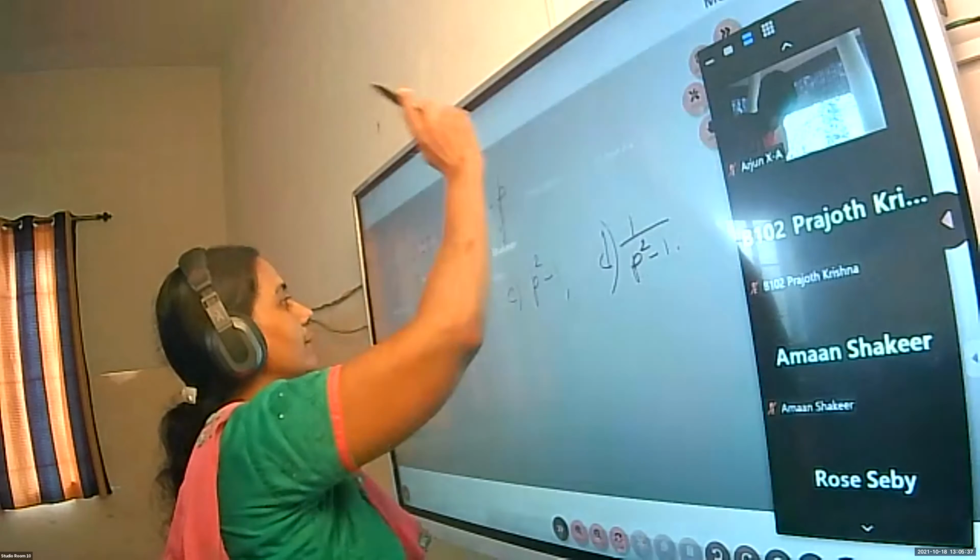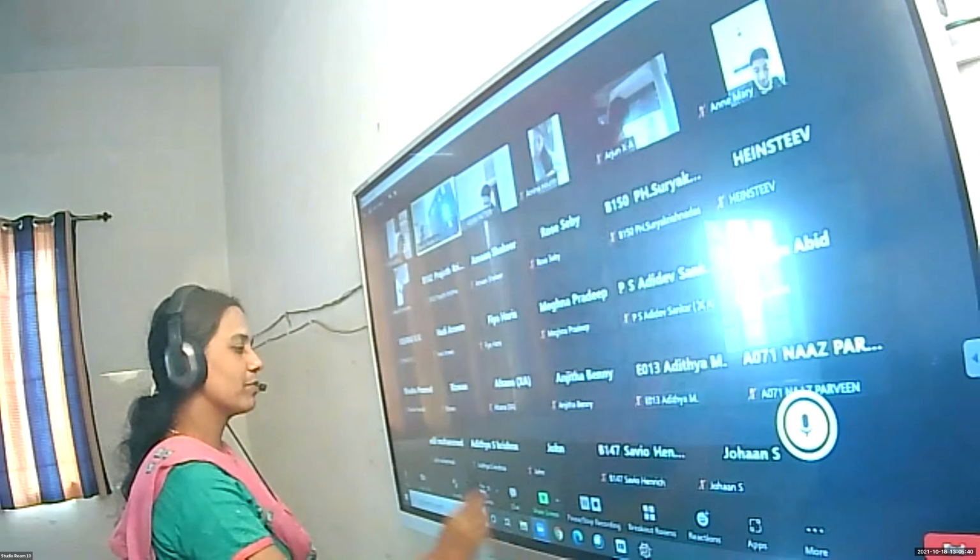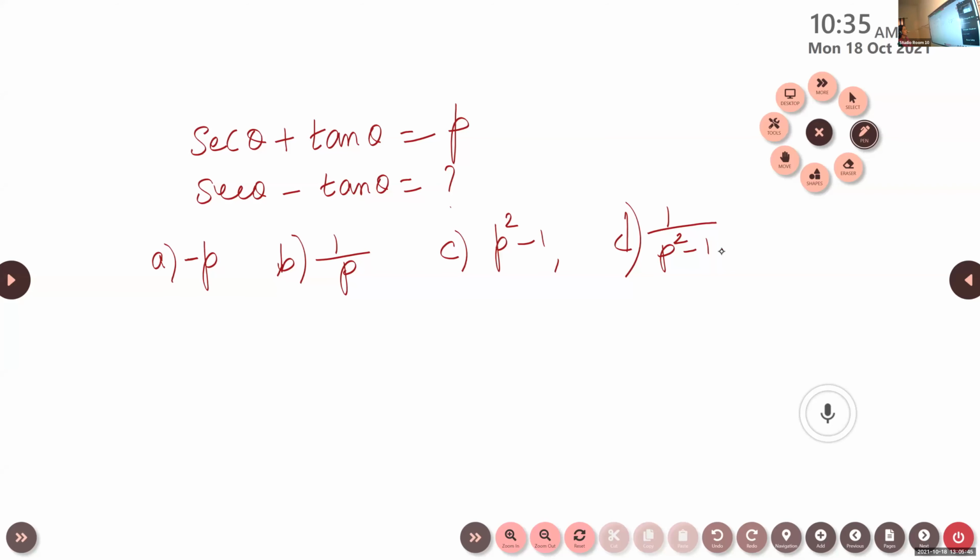Anjita, try this. We have discussed this question earlier also. Let me see how many of you will be able to do this. Sec theta plus tan theta is P. What is sec theta minus tan theta? Negative P is the wrong answer. 1 by P. Check it. How is it 1 by P? Or is it P square minus 1?